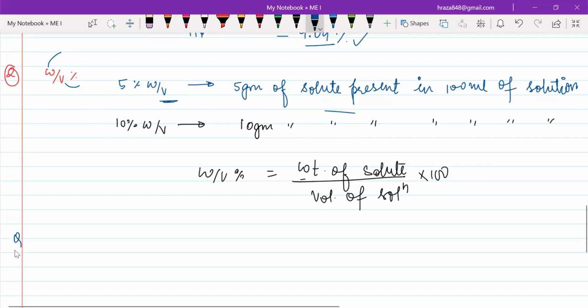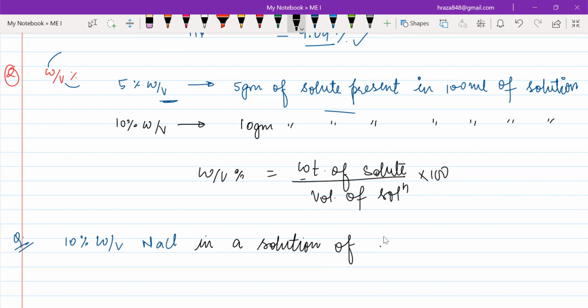So I'm going to give you a question. You can see that if I give you 10% weight by volume NaCl, then NaCl in a solution of density 1 gram per ml, calculate weight by weight percent.